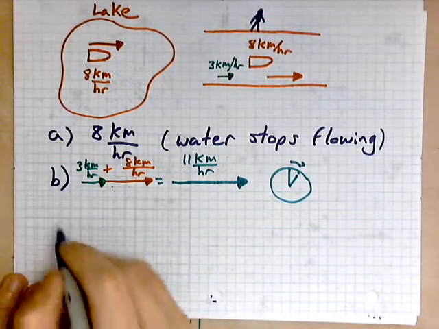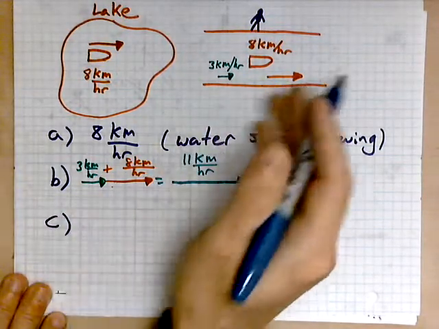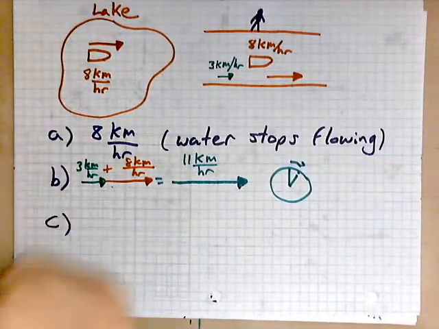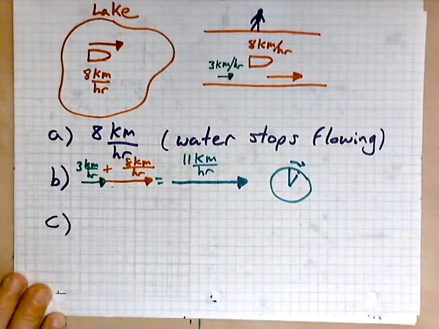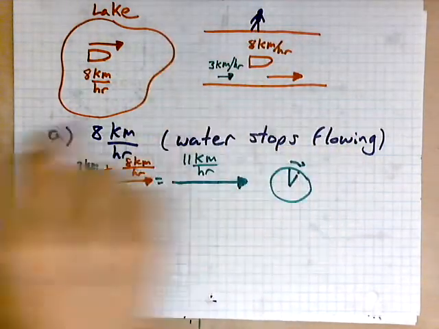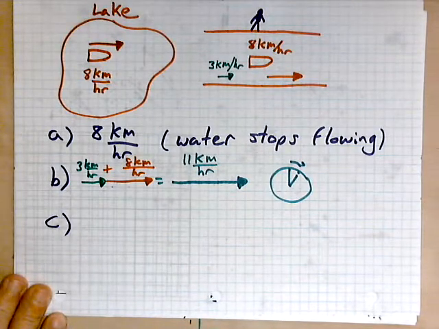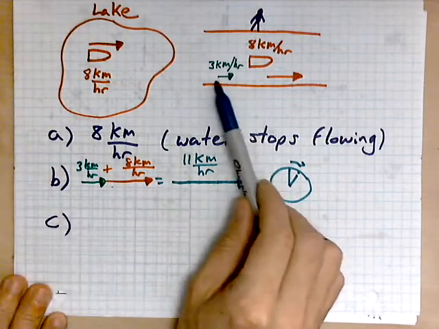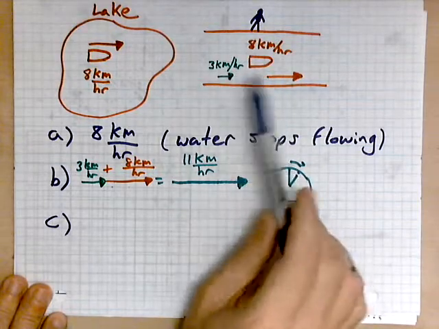Another type of question in this context is, what if the boat is moving upstream against the current? What is the effective velocity relative to an observer on a bank of the river? So how do we answer that question? That's the same as subtracting these vectors here.